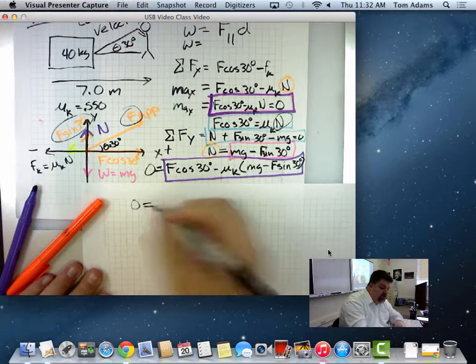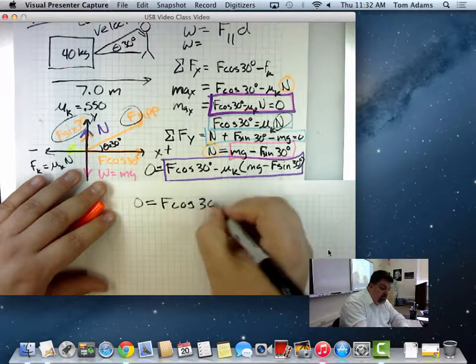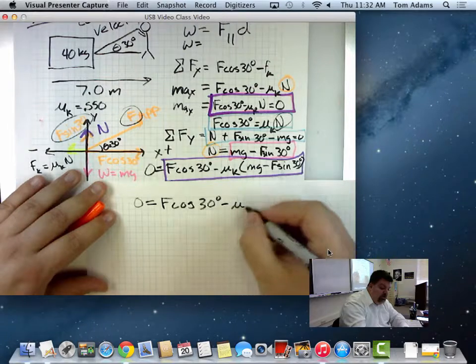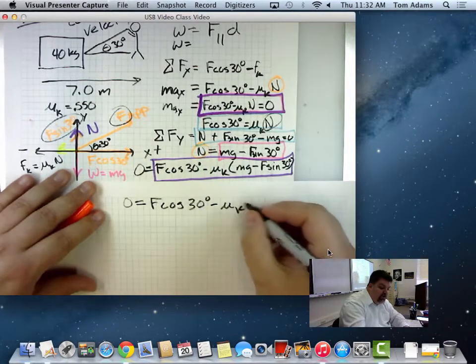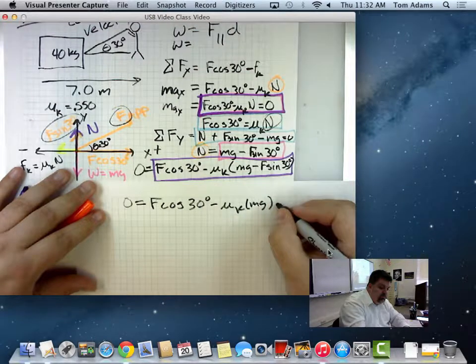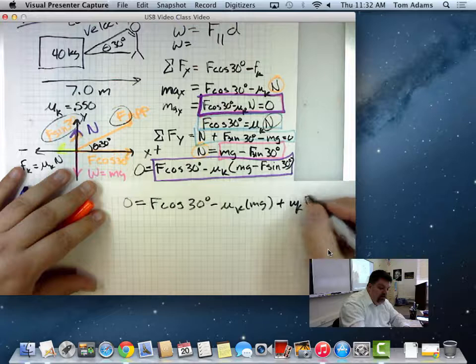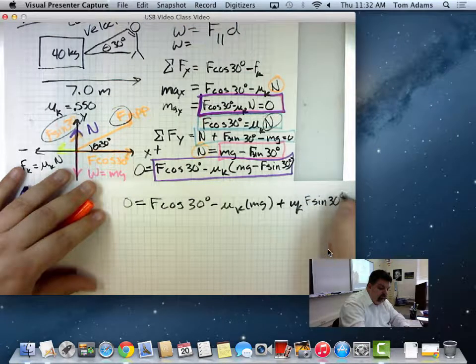I'm going to have 0 is equal to F cosine of 30 minus mu k, and I'm going to distribute the mu k through. mg plus mu k F sine of 30.